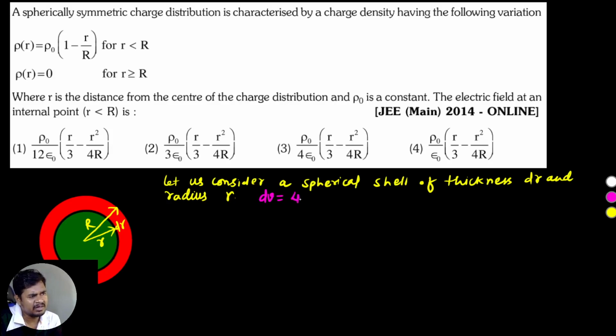So dV I will write as 4 pi r square dr, and now that we have dV, we can calculate the value of dq.